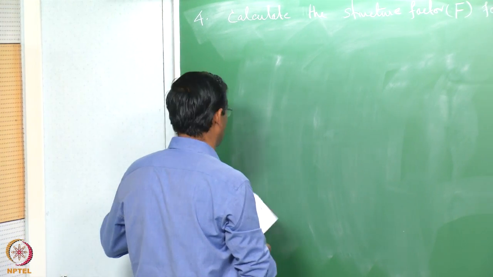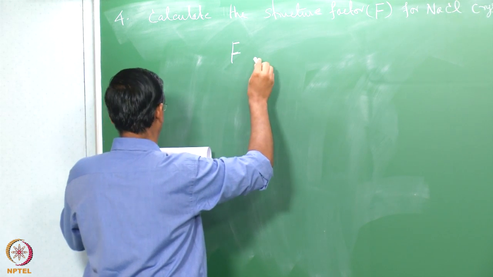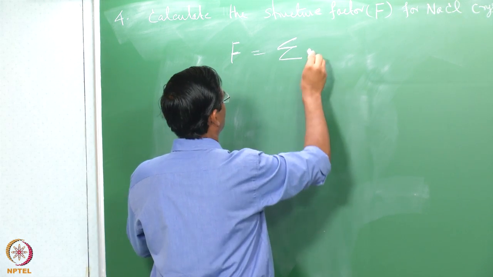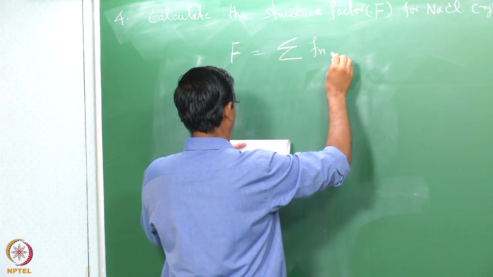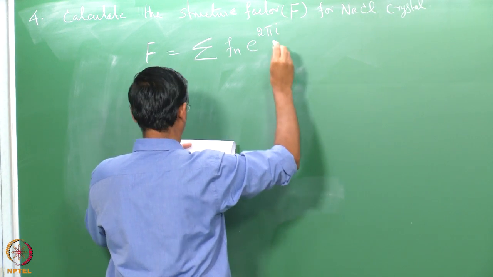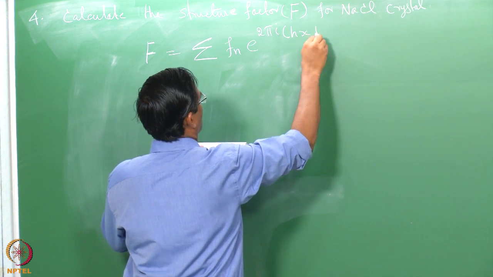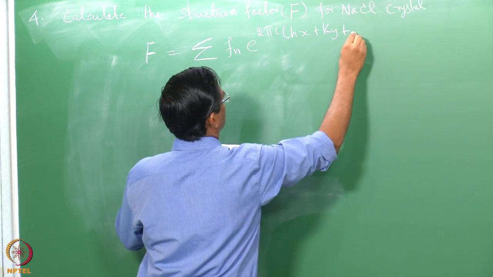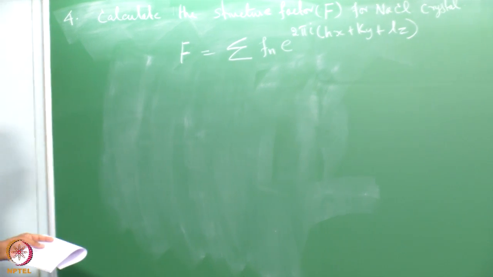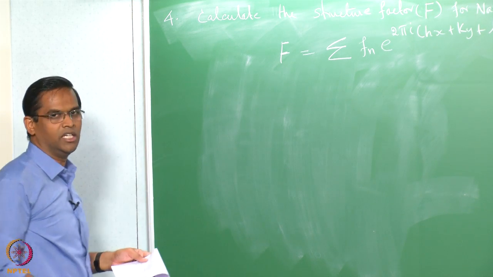The first step is we will write an expression for structure factor F, which is the summation of all the individual atomic scattering factors of this form. Now, what is the crystal structure of NaCl?